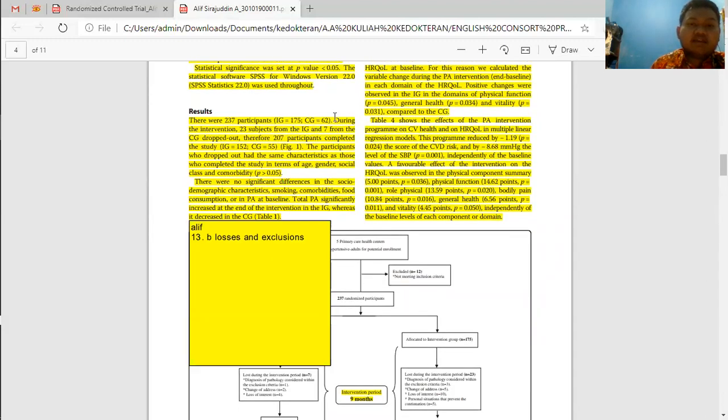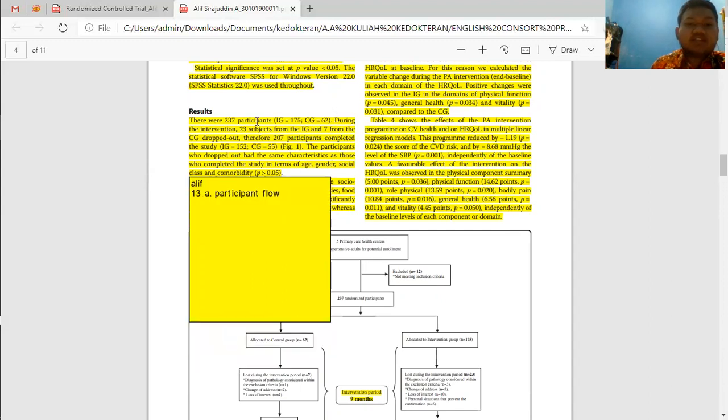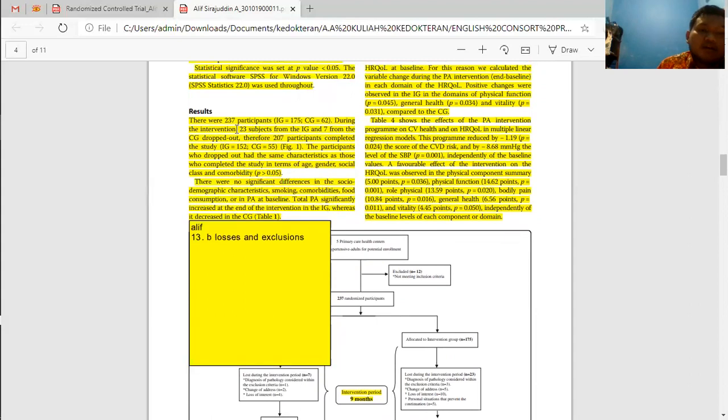And then the results, okay? The results start with participant flow, item number 13A. It's about, for each group, the number of participants who were randomly assigned, received intended treatment, and were analyzed for the primary outcome. So that's 13A.